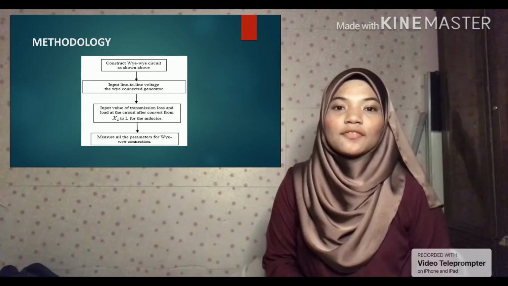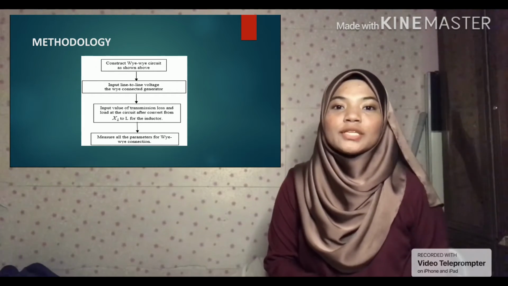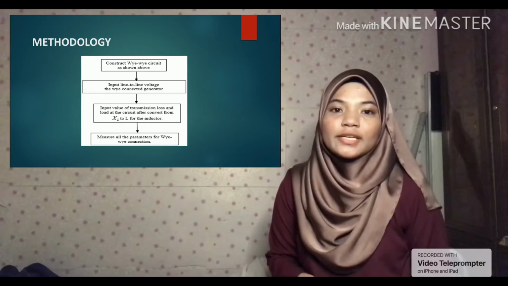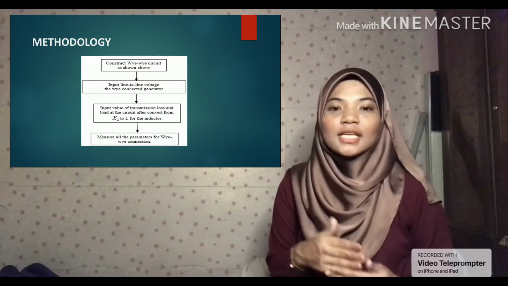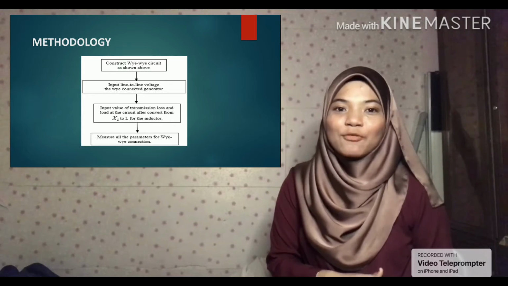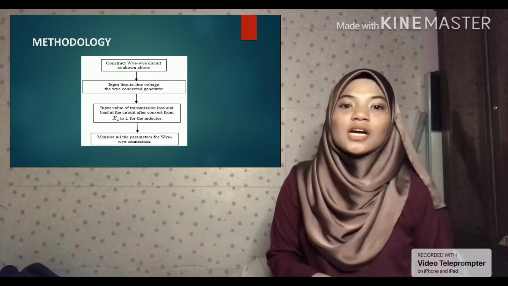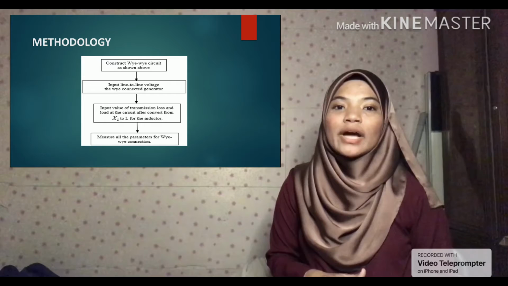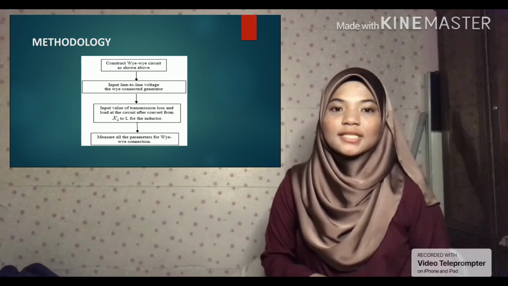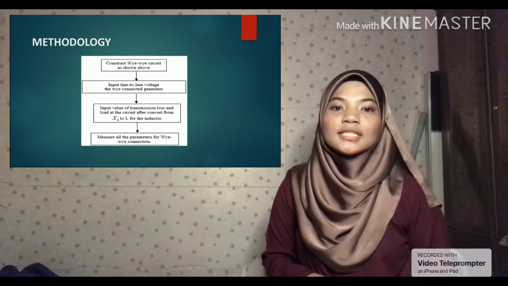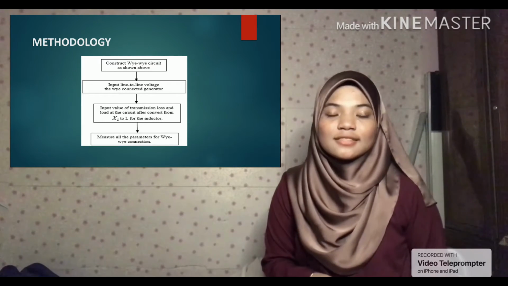Third, the values of transmission loss and load were input into the circuit after converting from L to XL using the equation XL equals 2 pi FL. And the last one, all the parameters of the Y-Y connection in the context of transmission and impedance, currents, voltage and absorbed power were measured.